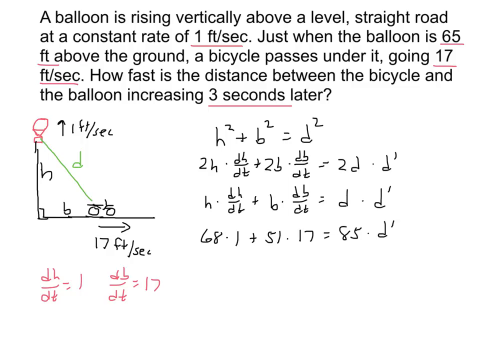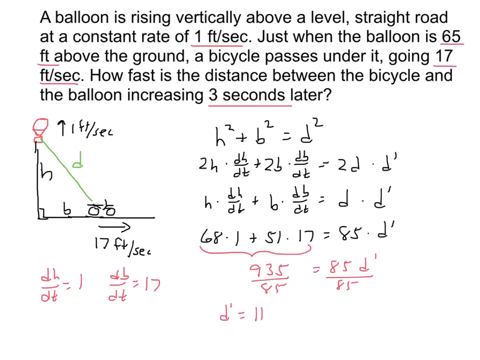When I do the calculations of 68 times 1 plus 51 times 17, this whole piece comes out to be 935 equals 85 d prime. Divide by 85. And I find that d prime in this case comes out to be 11.